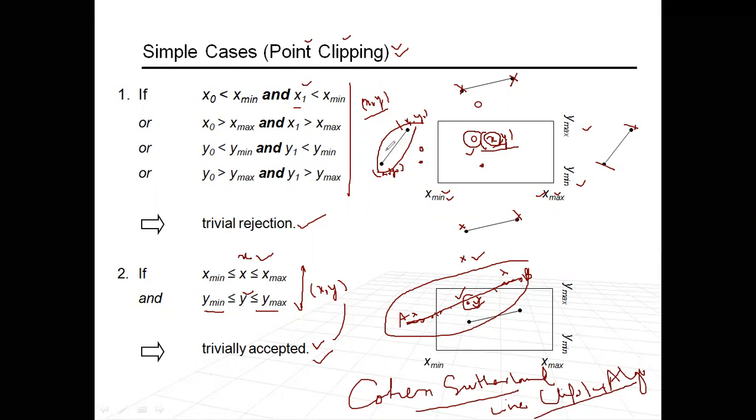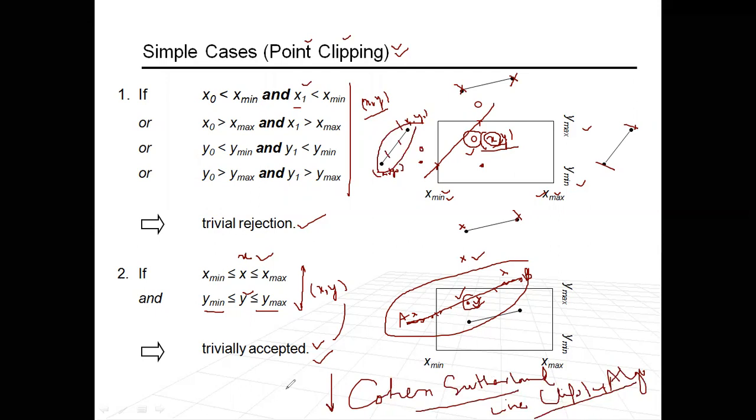So we must have another method to clip a line in one go across the edges. That will be solved by the Cohen Sutherland line clipping algorithm, which I'll cover in the next lecture.